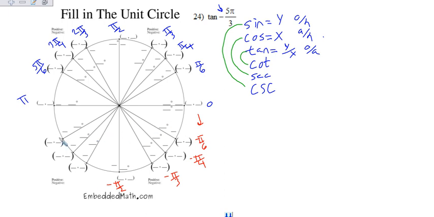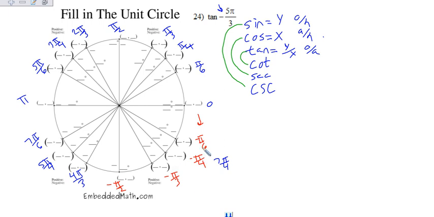Now, let's go ahead and build the rest of the positives. 7 pi over 6, and this is 5 pi over 4, and this would be a positive 7 pi over 4, and this one is 4 pi over 3, and which one do we not have?